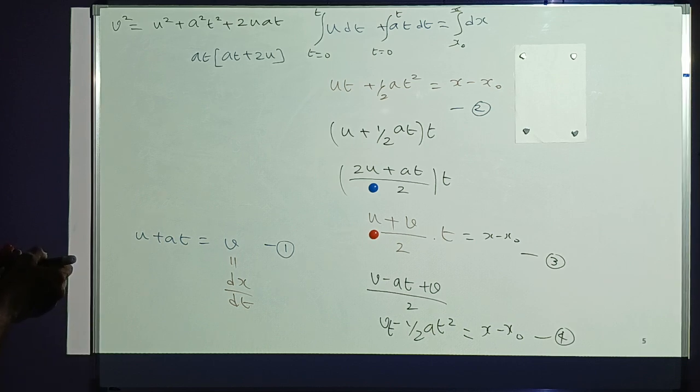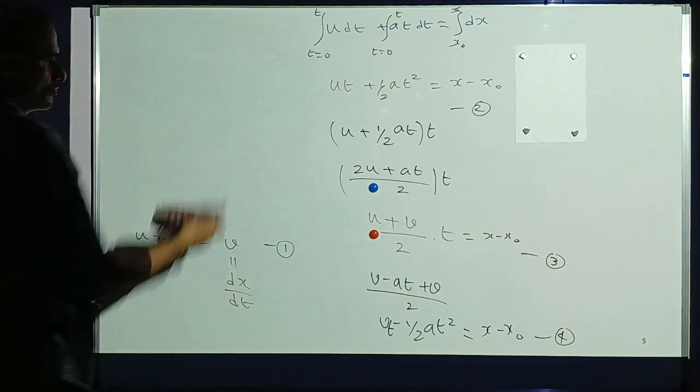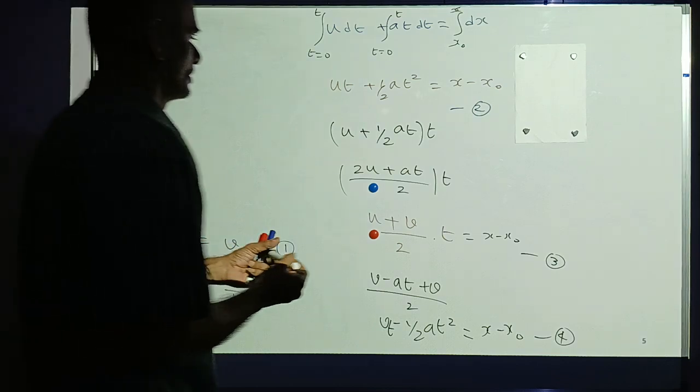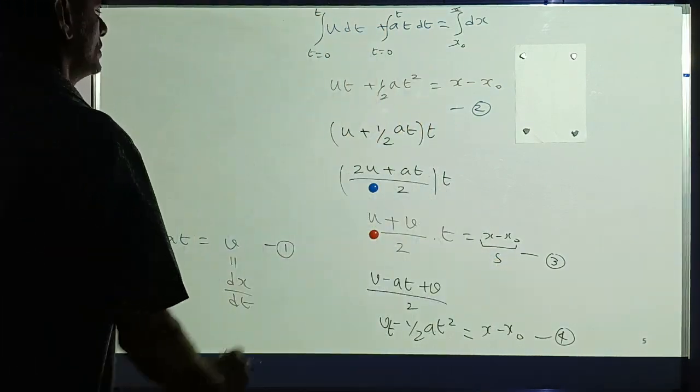I have to eliminate t. v square equal to this one. So from here I have, let me call this as displacement, yes, for convenience.